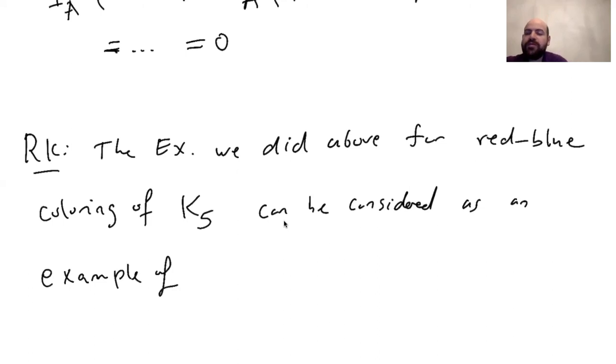If you remember, we had K5, we did the red-blue coloring of edges, we had 10 edges in total, and then we looked at the probability that exactly one edge is red. What were we doing? We were coloring 10 edges independently.